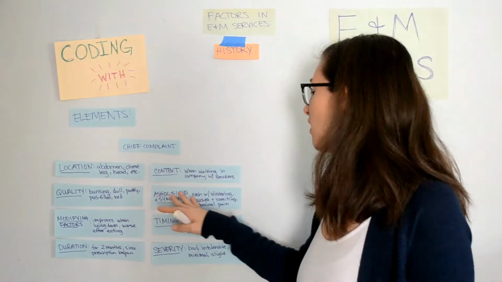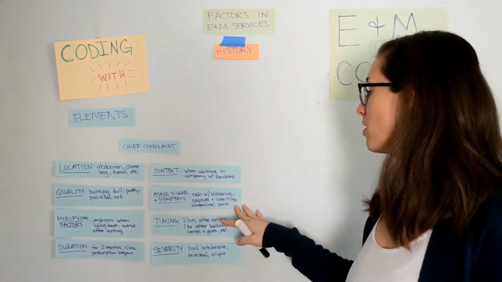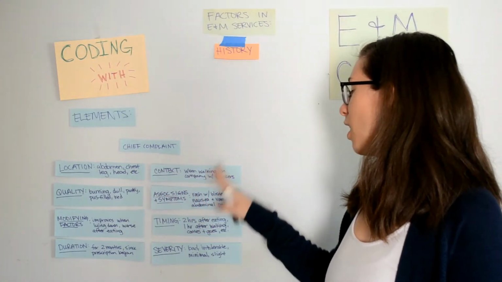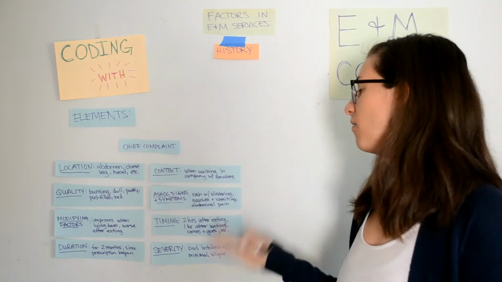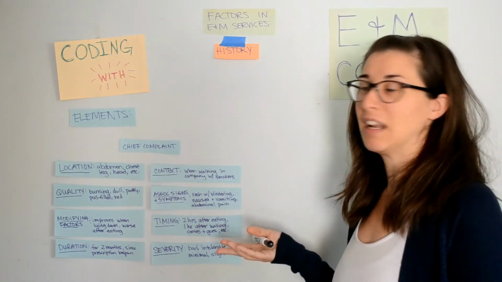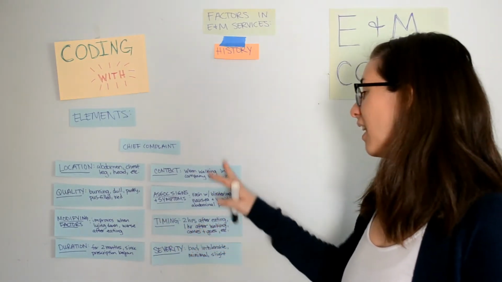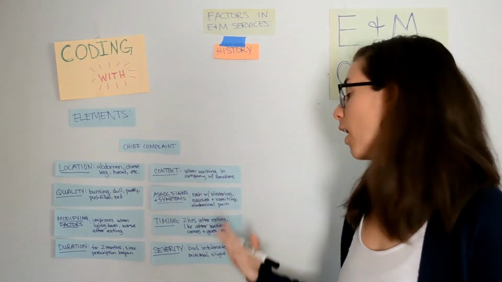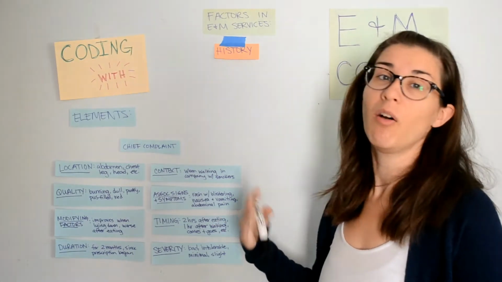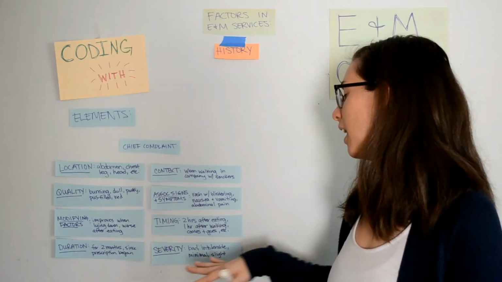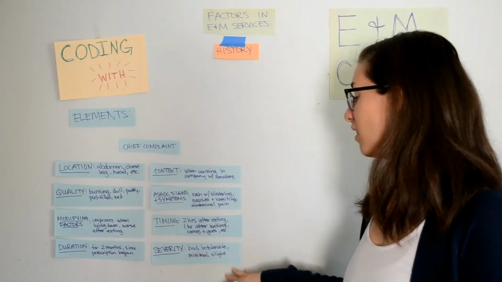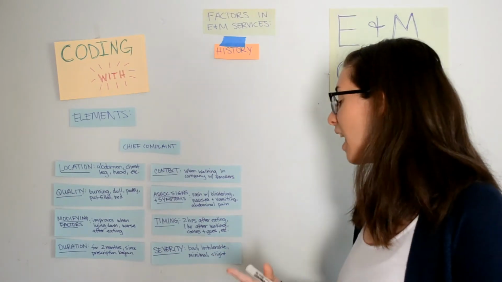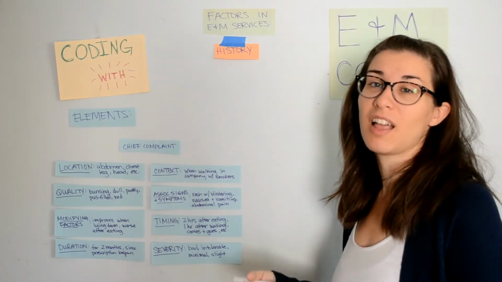Who knows? The associated signs and symptoms would be a rash with blistering, nausea and vomiting, or abdominal pain. The timing, you would get any of those symptoms 2 hours after eating, or 1 hour after waking, or oh, it comes and goes, it's pretty intermittent. The severity, is it bad, intolerable, minimal, slight?